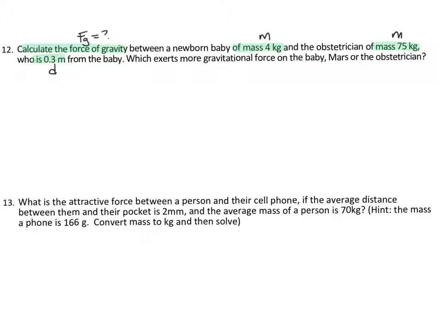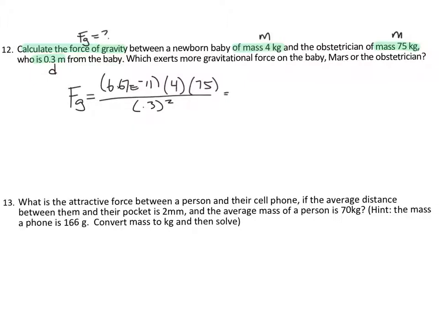Okay, so same equation as above. Fg equals big G, which is 6.67. This is a constant, it never changes, times the mass of the baby, which is 4, times the mass of the doctor, which is 75, all divided by the distance between those two, which is 0.3 squared.